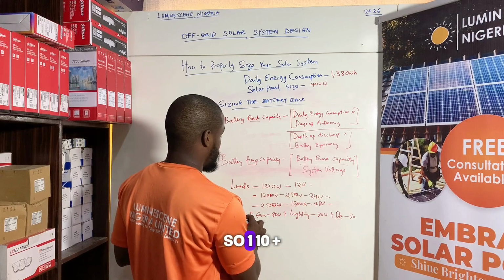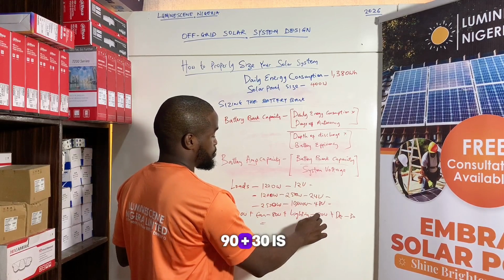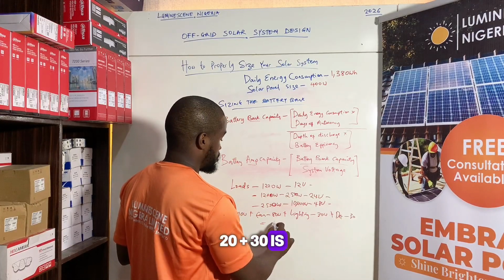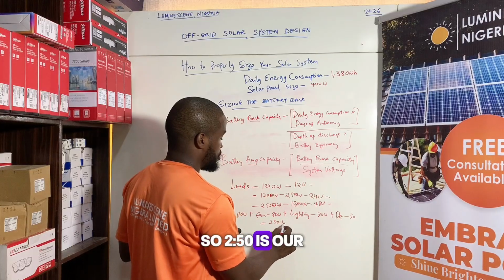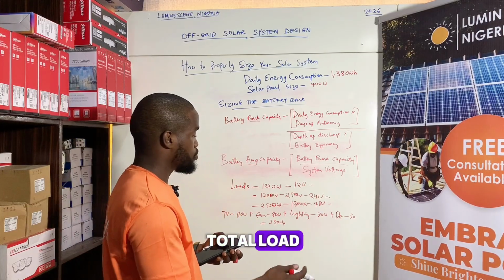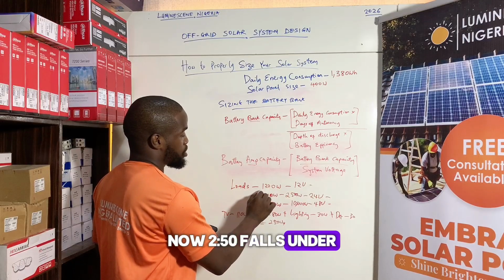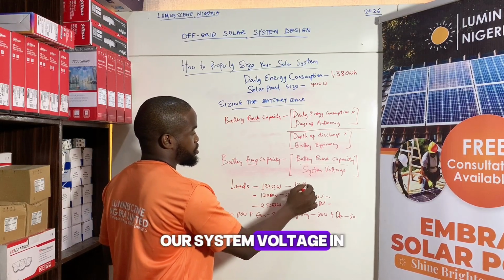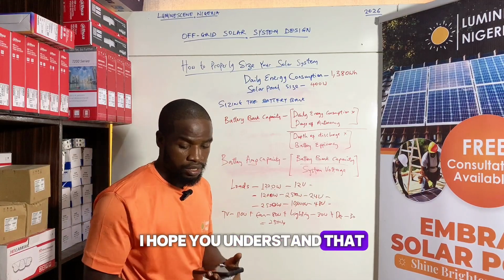So 110 plus 80 is 190. 190 plus 30 is 220. 220 plus 30 is 250. So 250 is our total load. Now 250 falls under 1200 watts. So by default, our system voltage in this case is 12 volts. I hope you understand that.